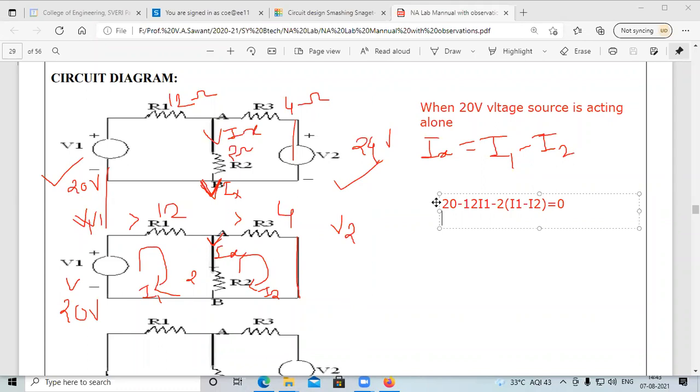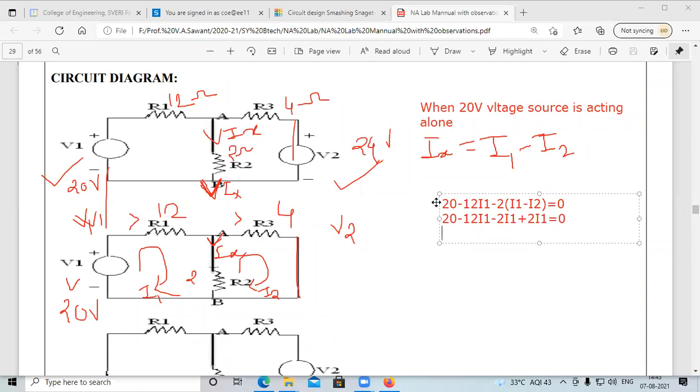Simplify this, that is 20 minus 12 I1 minus 2 I1 plus 2 I2, it is equal to 0.